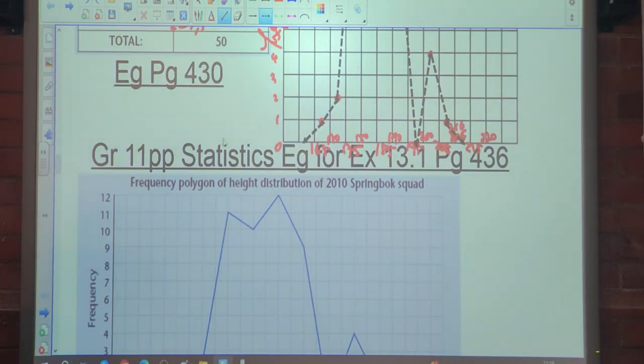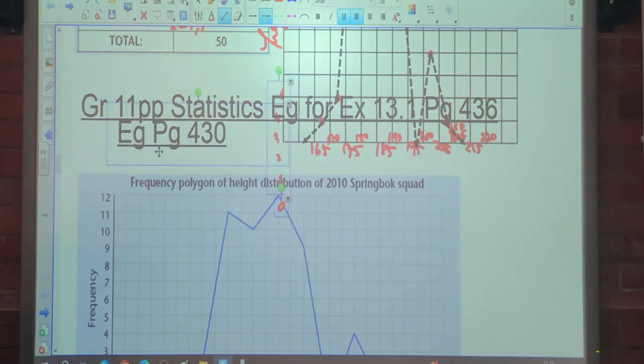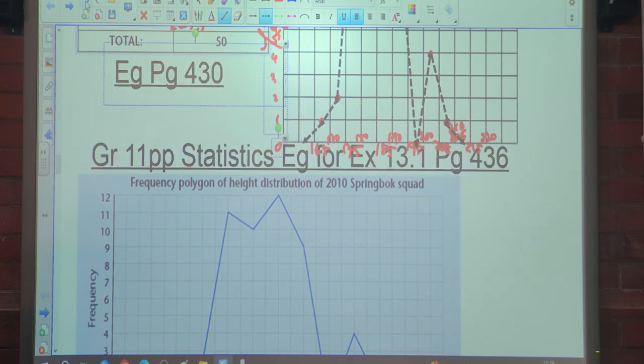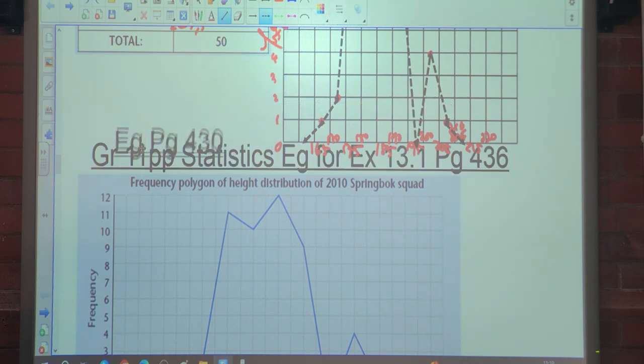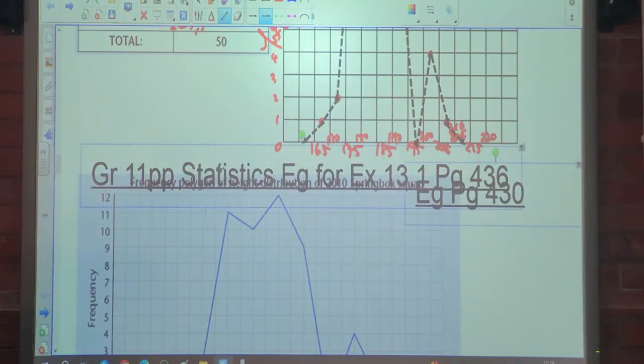Example 2, we are told, are we still on the same page? 130. They want to be moved.